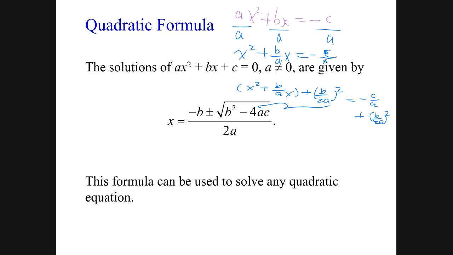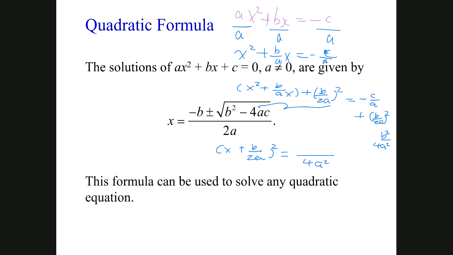So what is this square? This square will be x plus b over 2a, a perfect square. Okay, and then you go to calculate the right hand side in here. This will be b squared over 4a squared, and then we have a little bit of LCD in here.